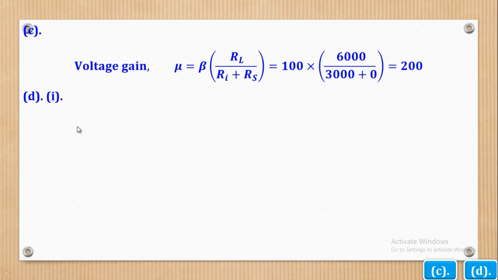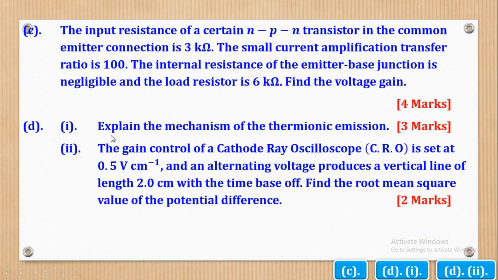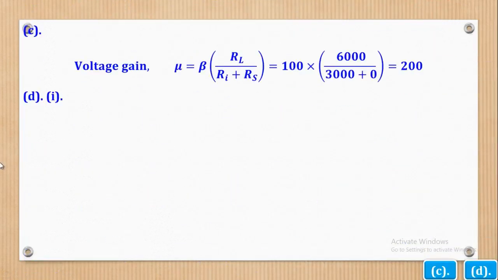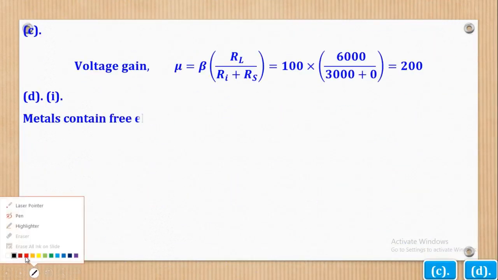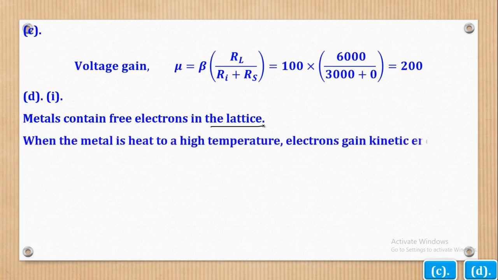So now we shall go to part D, Roman 1. D Roman 1 says, explain the mechanism of thermionic emission. So metals contain free electrons in the lattice. When the metal is heated to a high temperature, electrons gain kinetic energy.